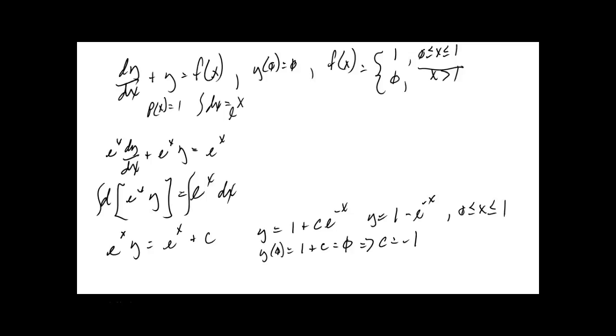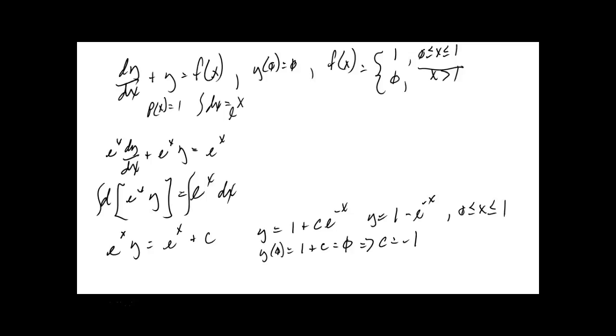E to the minus x, when x is between 0 and 1, looks like this. It's subtracting off a fairly significant value. Sorry, my eye is just hurting so bad it's hard to look at the board. Okay, let's forget about that. So 1 minus e to the minus x, anytime x is between 0 and 1.